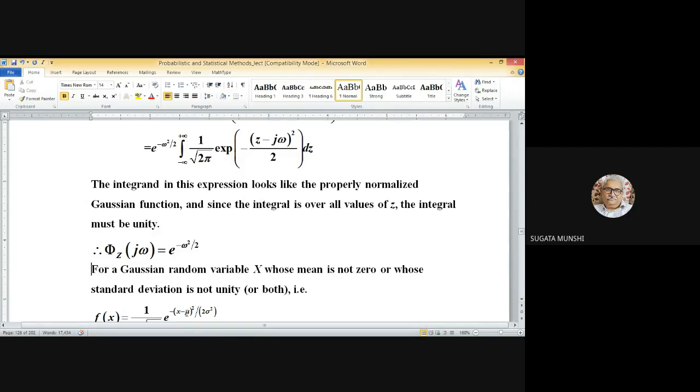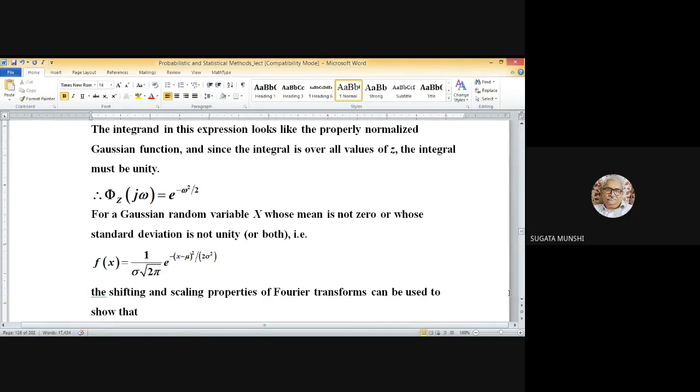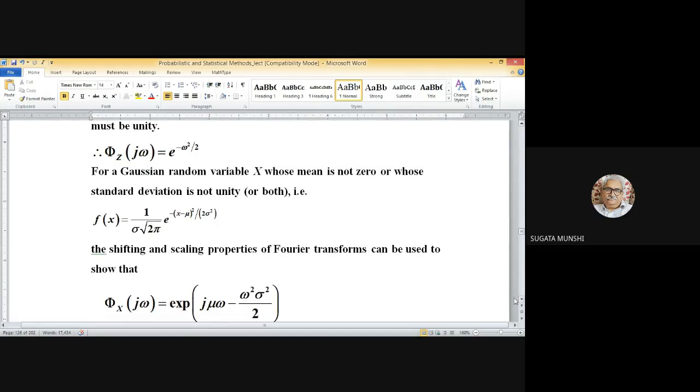Because just see here, mu not equal to 0 means there is a shifting, and sigma not equal to 1 means there is a scaling of x, scaling of the independent variable.